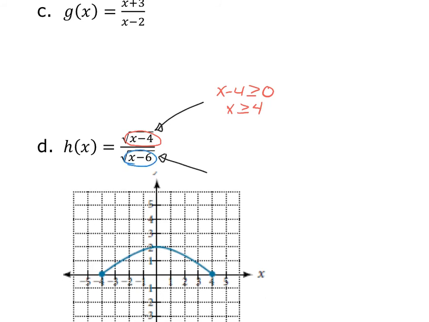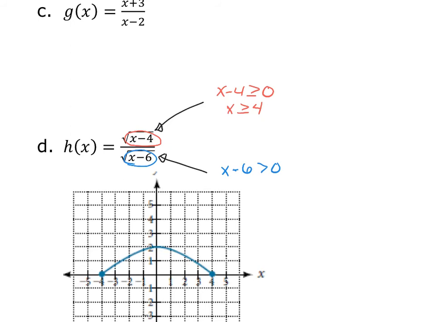And I have x minus 6. Do the same thing. I have to ensure that x minus 6 is at least a positive number. Now, this one's going to be slightly different, because not only do I have to ensure it's a positive number, but I also have to ensure that it's not 0. And that's only because it's in the denominator.